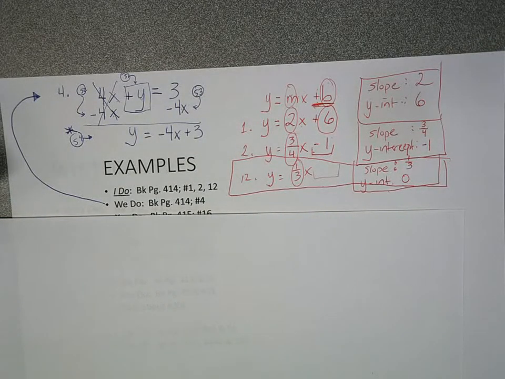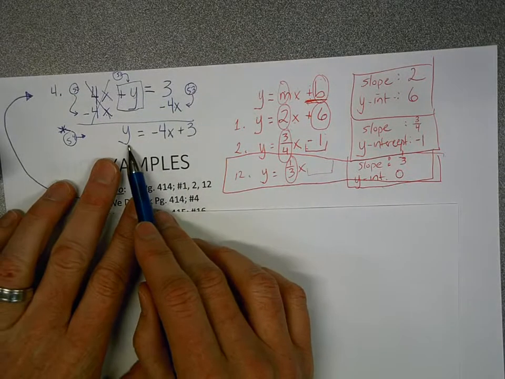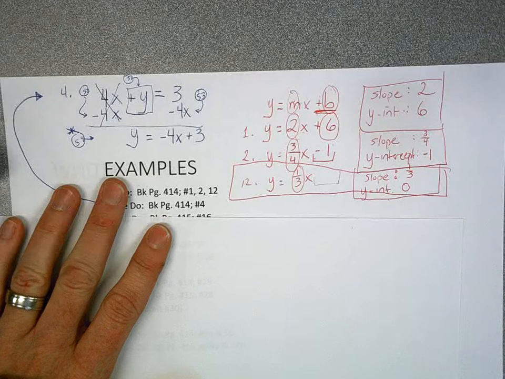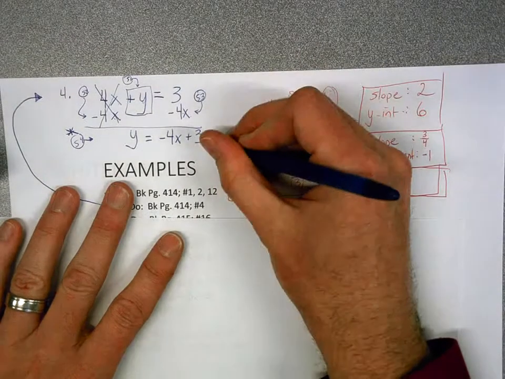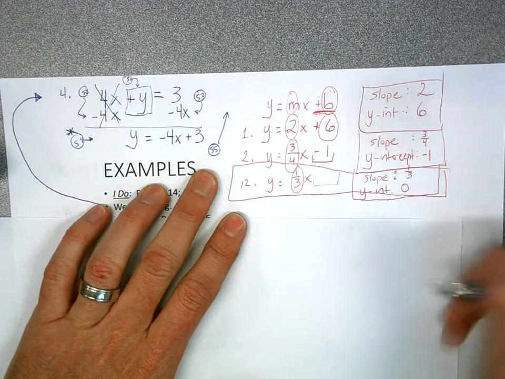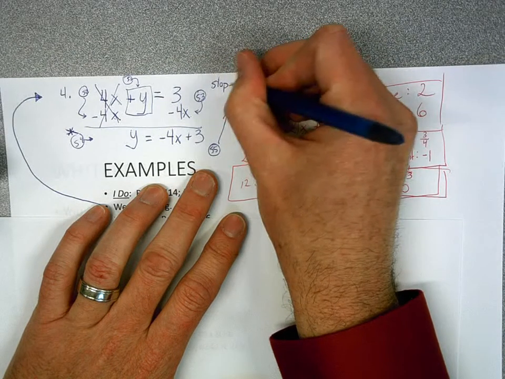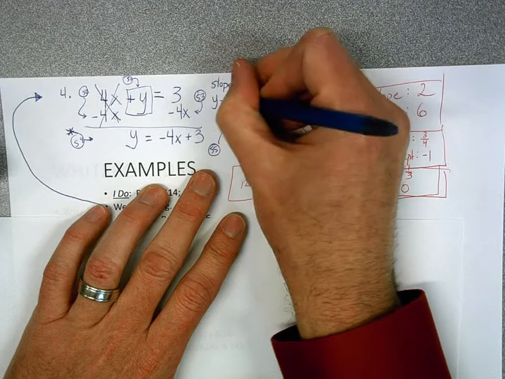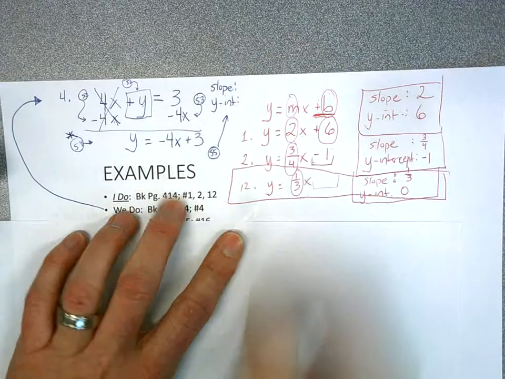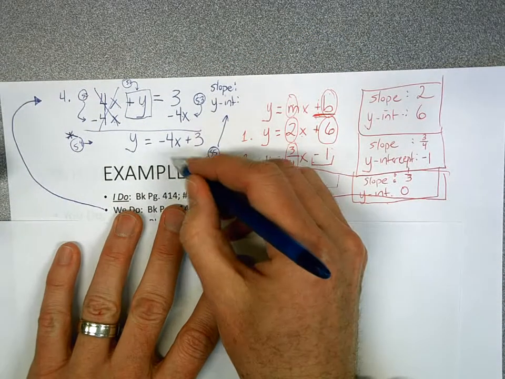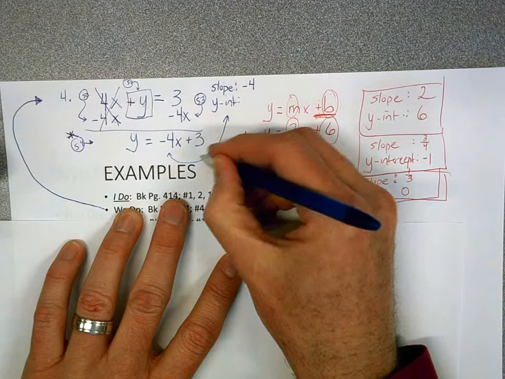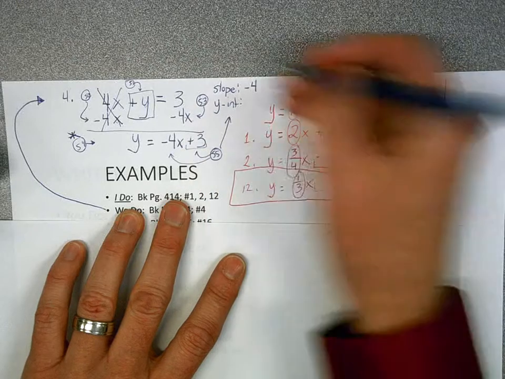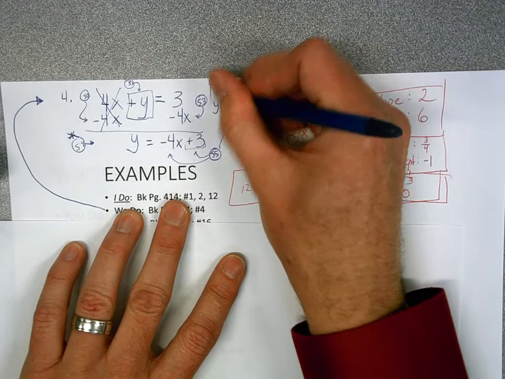So we used our knowledge of a one-step equation to put it in slope-intercept form. Now step 5: we identify our slope and our y-intercept. Our slope is right in front of the x. It's negative 4. Our y-intercept is right behind the x, and that is a positive 3. And there is our answer.